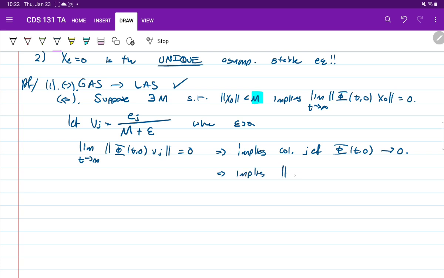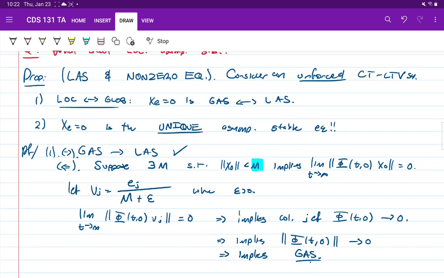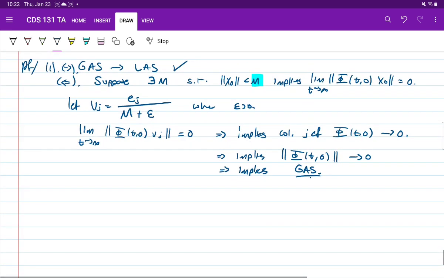By similar reasoning to above, the norm of phi of t comma 0 goes to 0, and then by the previous theorem, this implies global asymptotic stability. So that proves the reverse direction. We've just shown that global and local asymptotic stability of x equals 0 are in fact equivalent for a linear system.